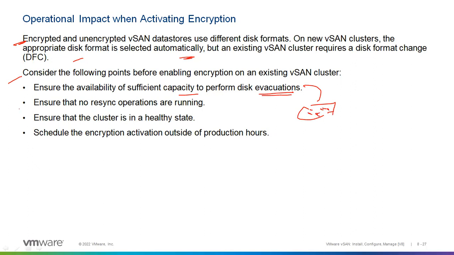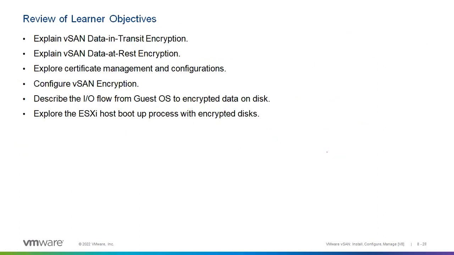Ensure that no other resync operation is happening at that point of time. All my cluster should be in a healthy state. Schedule the encryption activation outside of production hours. Definitely it may take hours. So any type of encryption we want to enable, just do it in off-peak hours, during weekends or something like that.